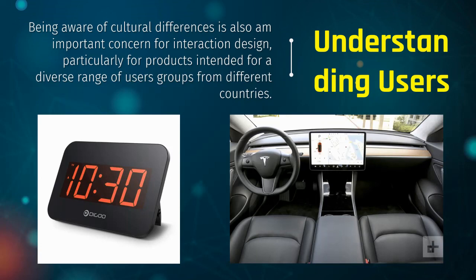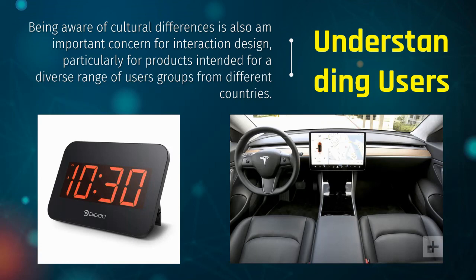Being aware of cultural differences is also an important concern in interaction design, particularly for products intended for a diverse range of user groups from different countries. So we also look at differences when it comes to culture.